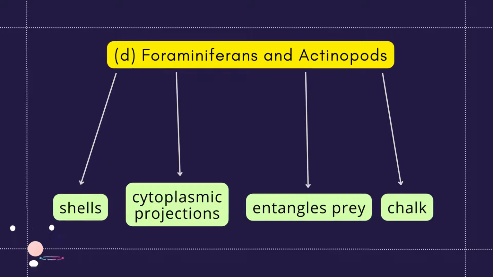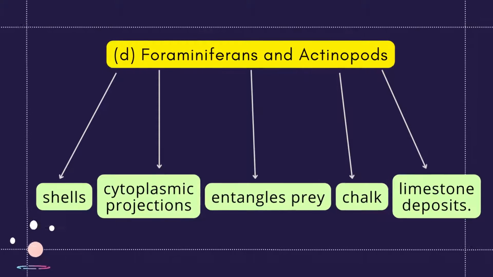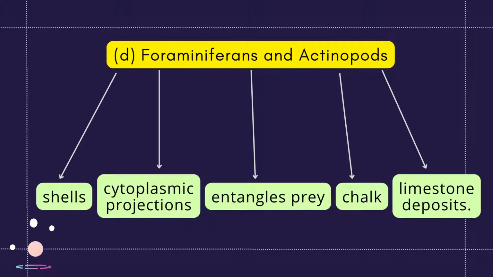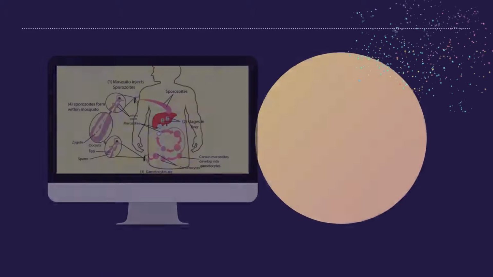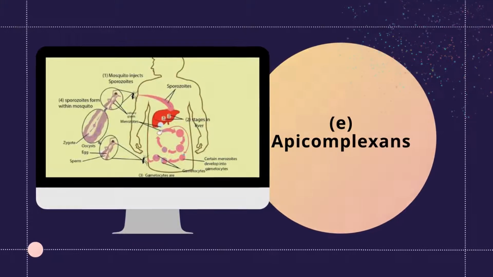Dead foraminiferans sink to the bottom of the ocean where their shells form a grey mud that is gradually transformed into chalk. Foraminiferans of the past have created vast limestone deposits. With that, foraminiferans has been completed.